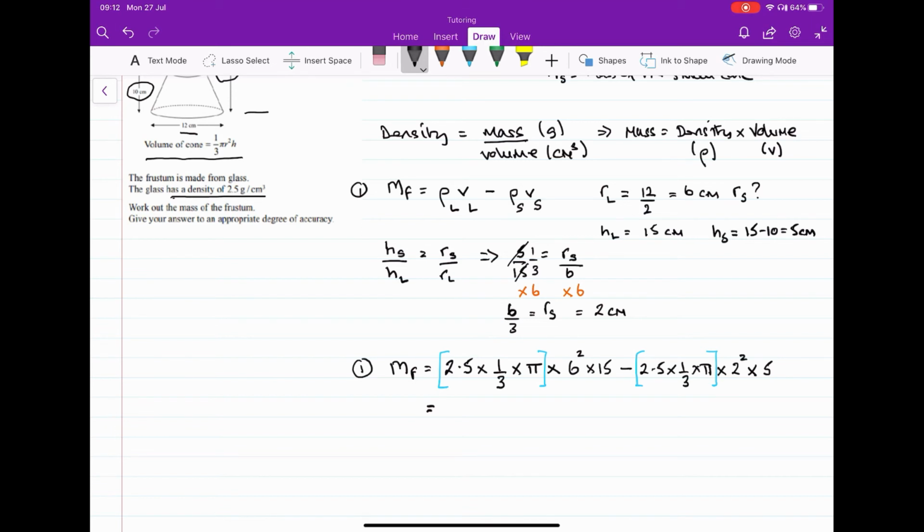So we factorize that out and we say 2.5 times 1/3 times pi times 6 squared, which is 36, times 15, minus 2 squared, which is 4, times 5. And we can now plug that into our calculators.